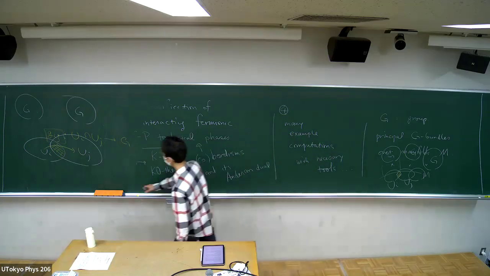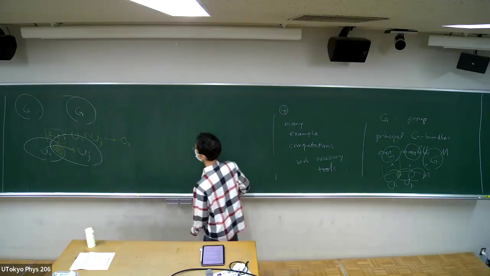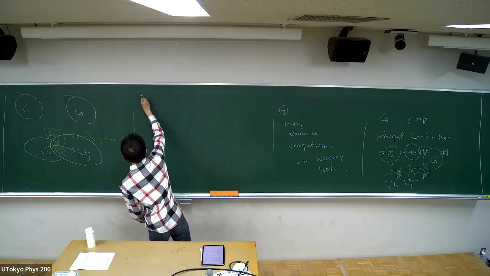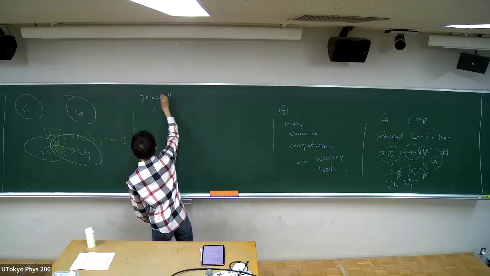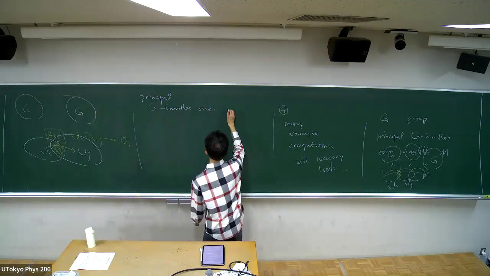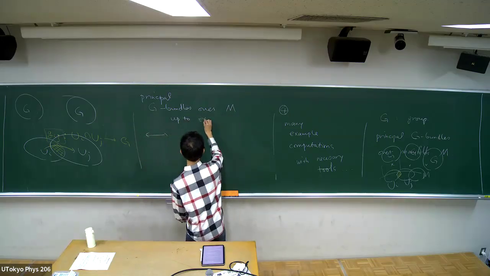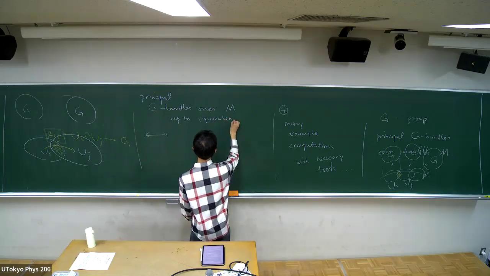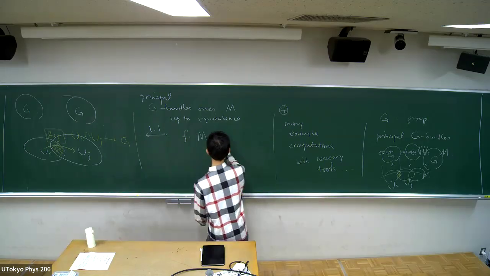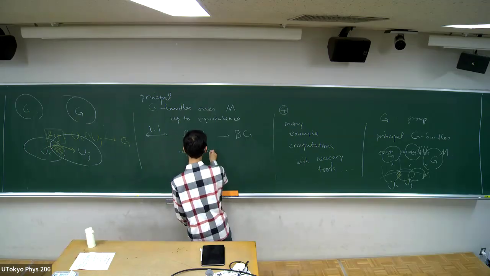And the classifying space was such that principal G bundles over M up to bundle equivalence are in one-to-one correspondence with a map from M to BG up to homotopy.